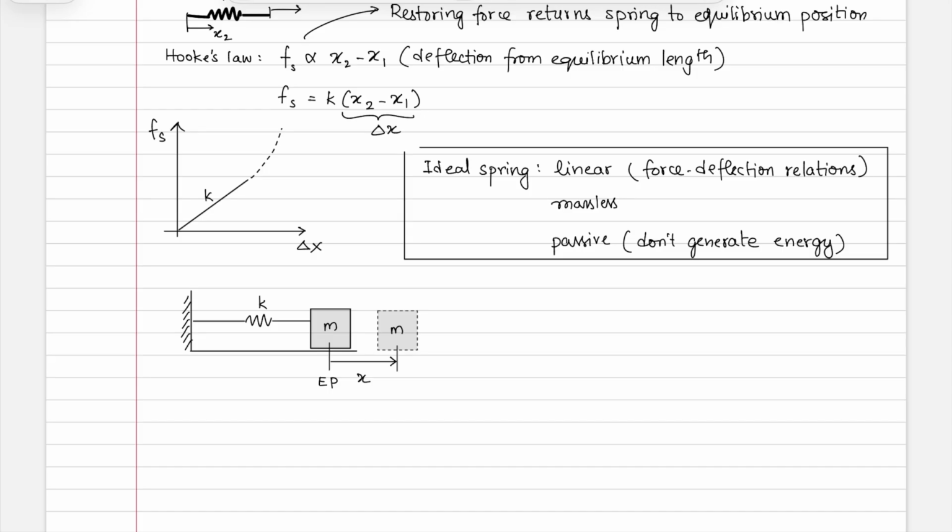Okay, so in this case, what is the net force that this spring would be exerting as this mass has moved to the right? From the equilibrium position, this spring has now been elongated by x, which means that in this case, Fs is going to be k times x, and we can say that it is in tension. What does this mean?